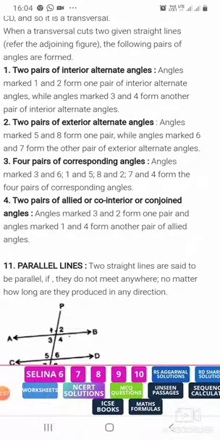Now, 2 pairs of allied, co-interior or conjoined angles. Let us understand this.